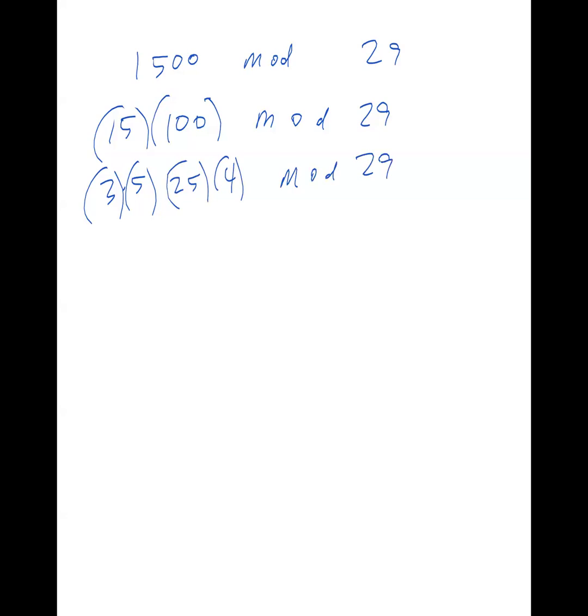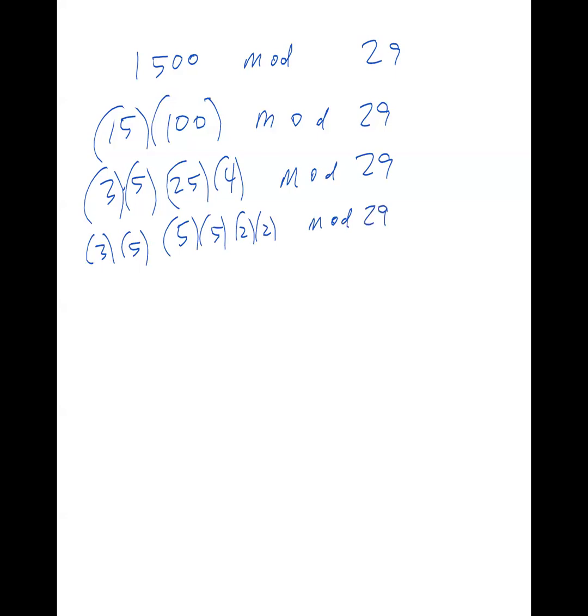And 25 is equal to 5 times 5, and 4 is equal to 2 times 2. Why would you want to break it down so small?